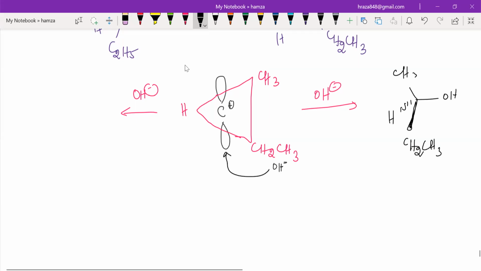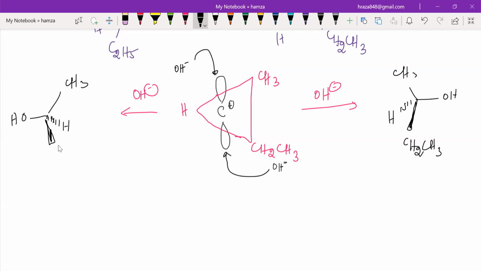Again, if there will be back attack, OH minus will attack from here, and there will be inversion. Hydrogen will come on the right hand side, OH will go on the left hand side, and this is CH3. I don't know why my OneNote is not working that smoothly. This is CH2CH3.